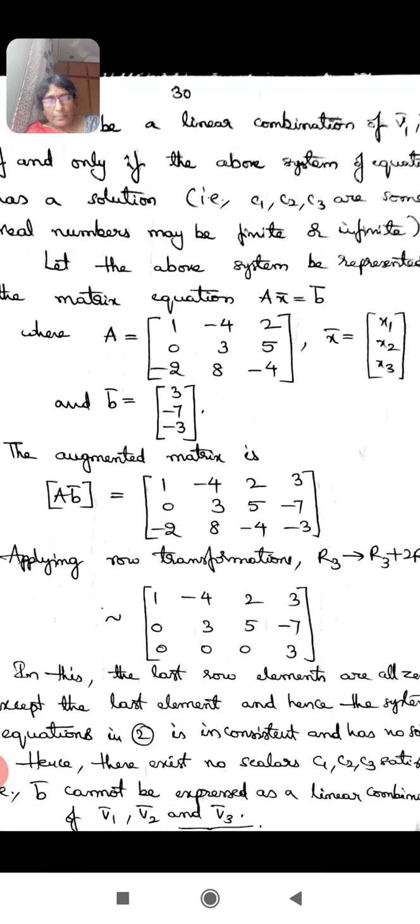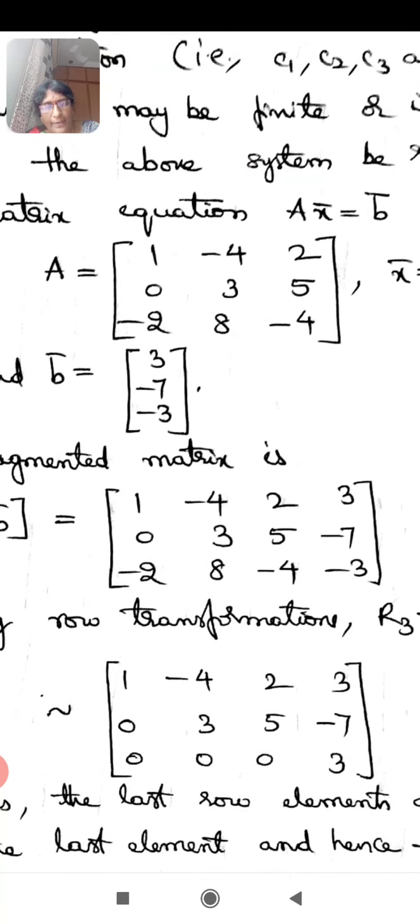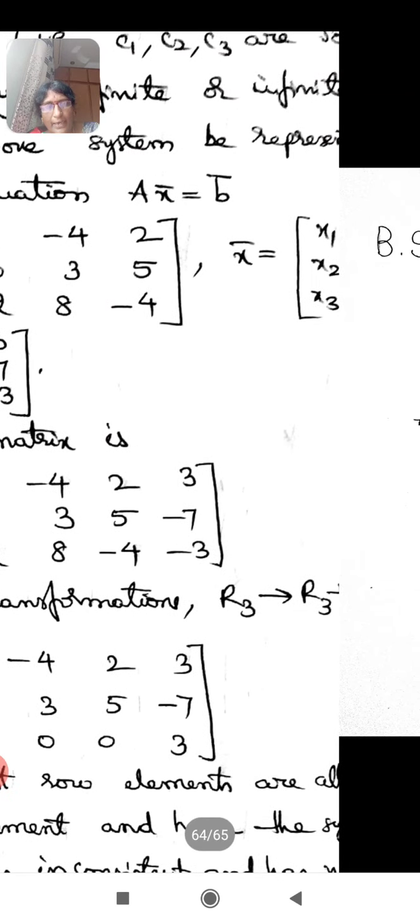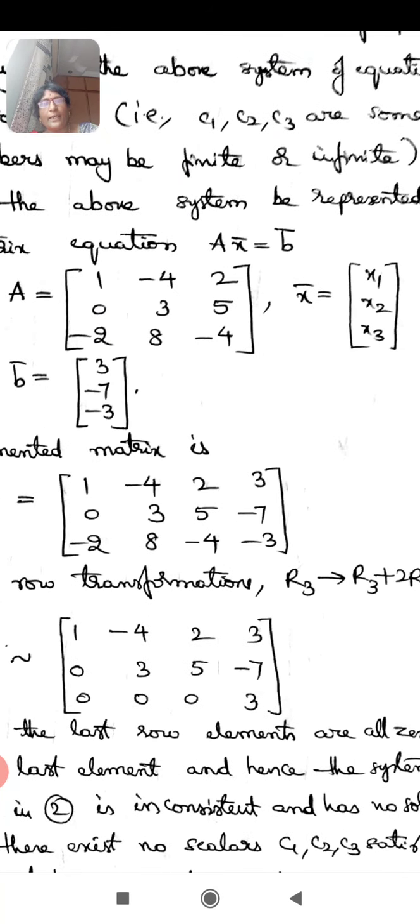Now performing some elementary row operations, we can transform this augmented matrix to an echelon form matrix, and for that I have taken the row operation R3 as R3 plus 2R1, and after performing it the augmented matrix is changed to 1 minus 4 2 3, 0 3 5 minus 7, 0 0 0 3.